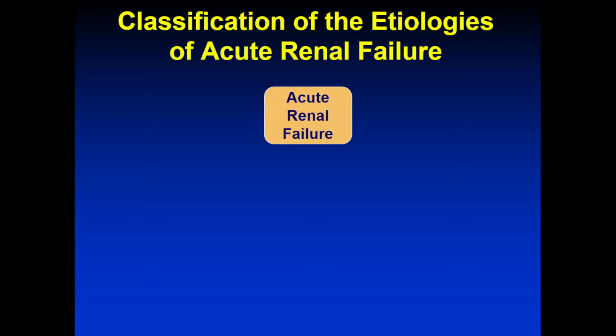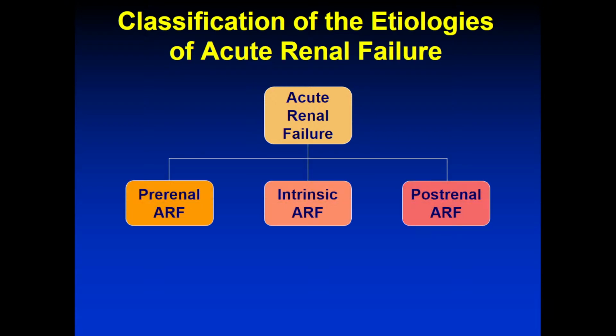Classification of the etiologies of acute renal failure. We distinguish such variants of an acute renal failure like prerenal acute renal failure, intrinsic acute renal failure, and postrenal acute renal failure.